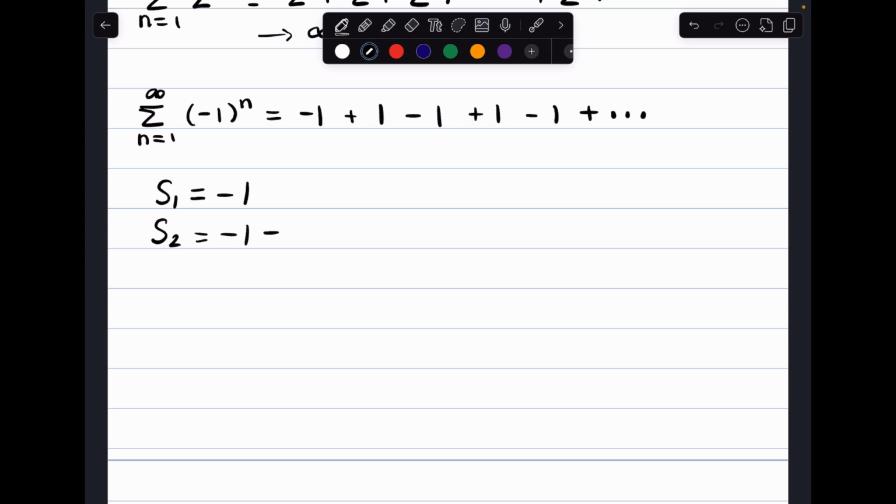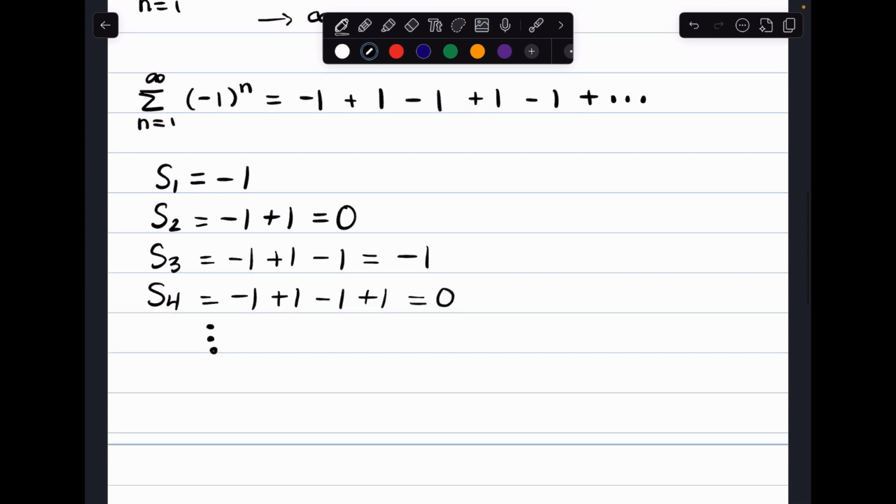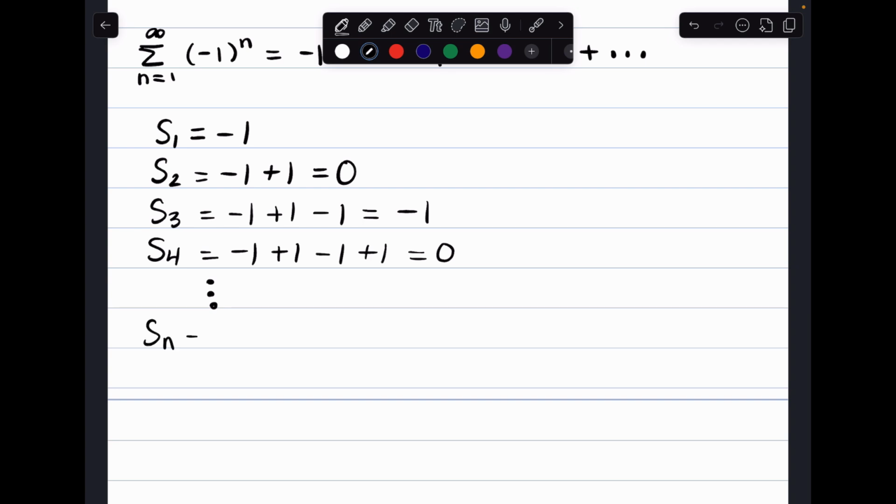S2 is negative 1 plus 1, which is 0. S3 is negative 1 plus 1 minus 1, which is negative 1. S4 is negative 1 plus 1 minus 1 plus 1, which gives us 0 again. And we're going to keep on going. And so S_n is equal to, with this pattern established, negative 1 if n is odd, and 0 if n is even.